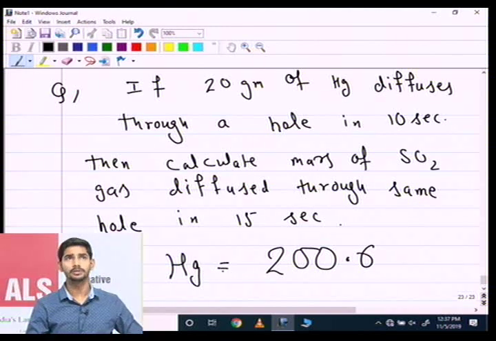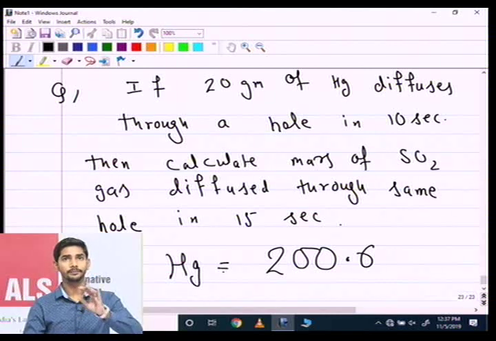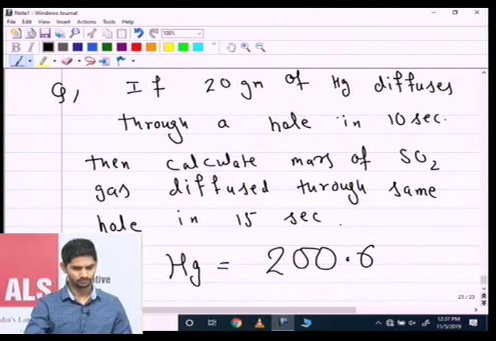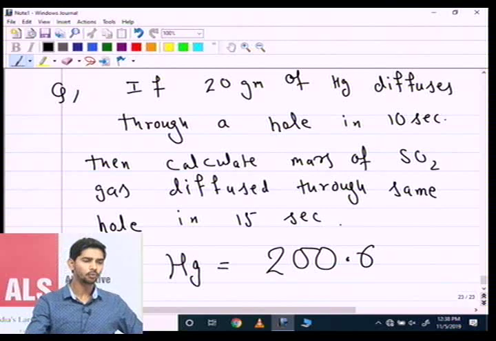I don't think you need to use that. Oh, 1 second. This is not mercury.